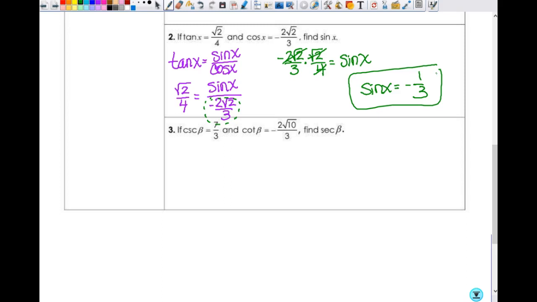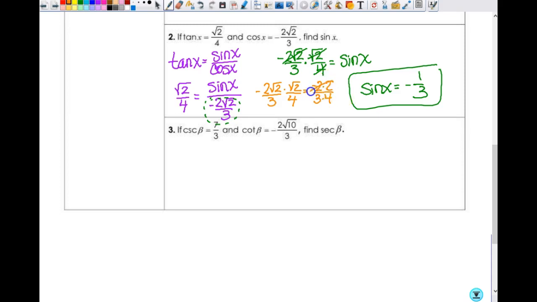Okay, so I kind of skipped a step. Let me back up and let me write this step in there. I have negative 2 square root of 2 times the square root of 2, like this, right? Okay, so if we know that the square root of 2 times the square root of 2 is 2, I get negative 2 times 2 over 3 times 4, right?